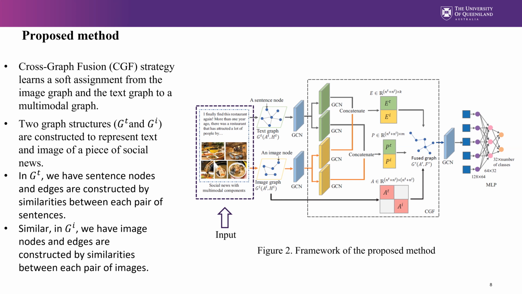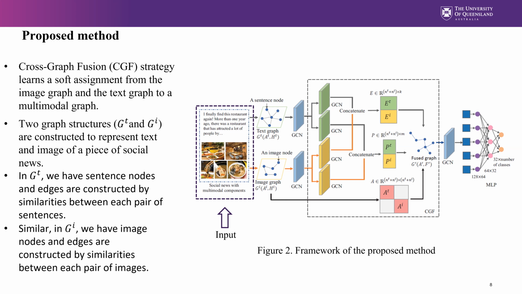Similarly, in the image graph GI, we have image nodes, and the edges are constructed by the similarity between each pair of images. Here, A represents the node feature matrix, and H represents the adjacency matrix. We can find that the number of nodes varies a lot, because writers usually add flexible numbers of images or sentences in a piece of news.